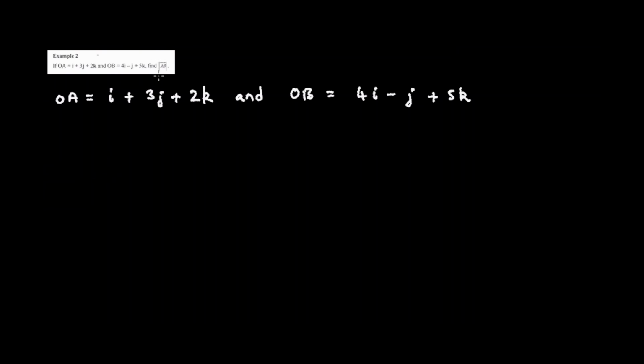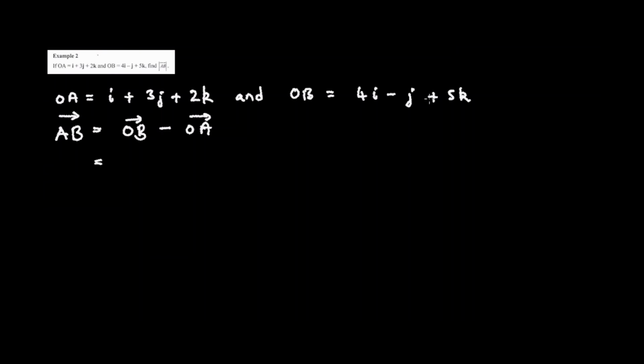So to find the size of AB, we first need to know who AB is. So we know that AB is equal to the destination point, OB, subtracting the source point, OA.